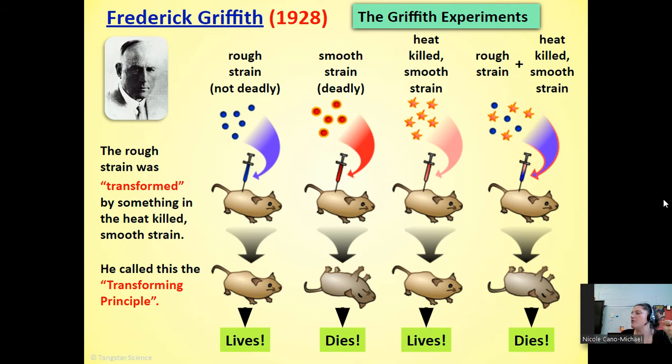This is what he ends up calling the transformation principle. So his conclusion is that there is a transformation principle, that there is something that is able to transform non-deadly bacteria, and that something must be genetic in nature. We have these transforming factors, is what he called them. All right. So back to our timeline.